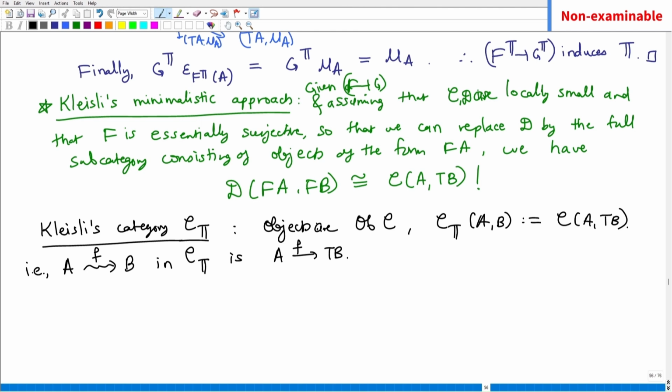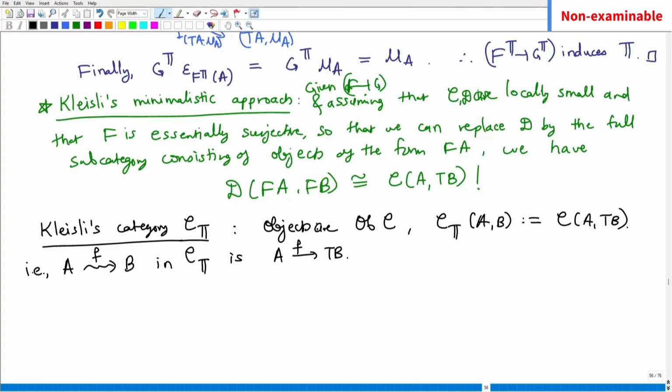It is simply a morphism from A to TB. What is the identity? The identity should be a zigzag morphism from A to A, so it should be a map from A to TA in the original category. What is it? Eta.